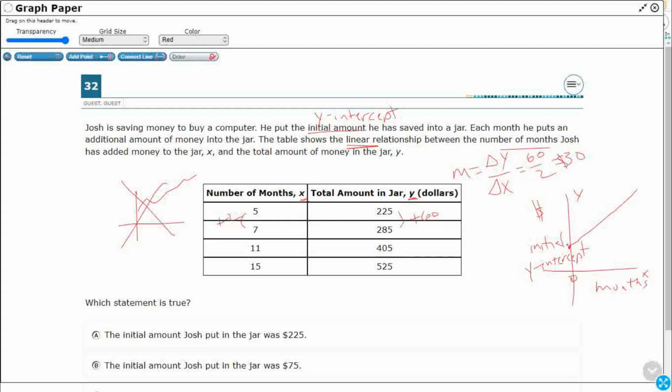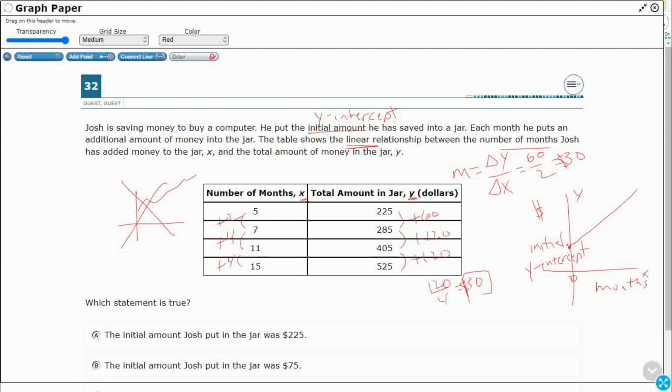Let's see if it holds true here. This is plus 4, right? So this is going to be plus 120, so that's 120 over 4. Yep, that equals 30. There's the linear relationship. This is another plus 4, so this should be another plus 120, which it is. All right, so we know our slope or our monthly amount is $30.